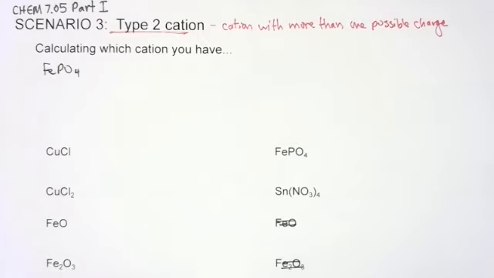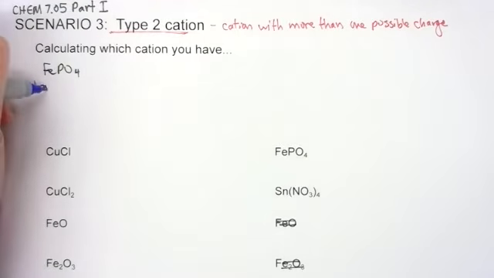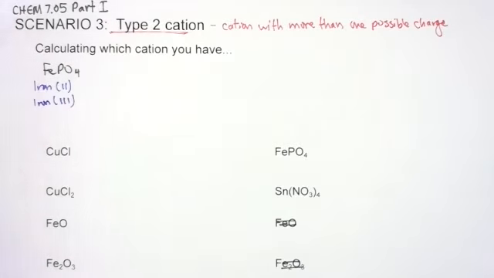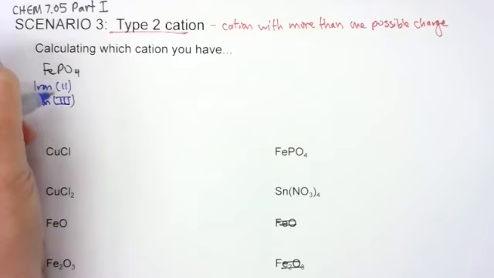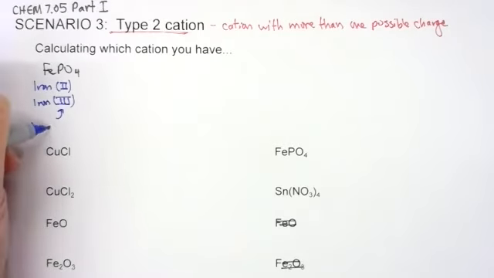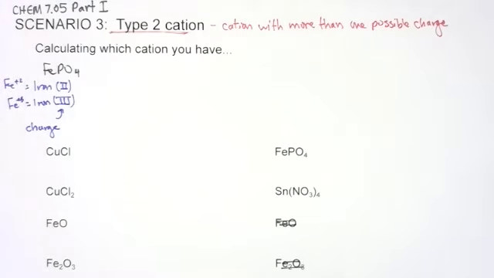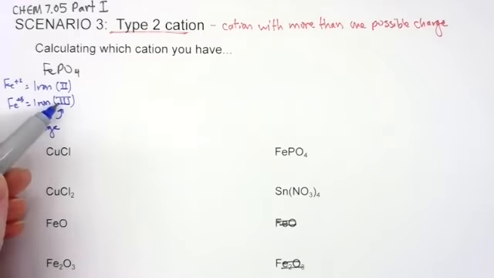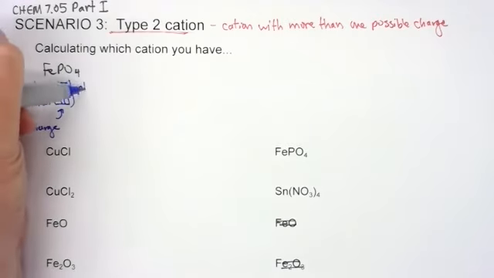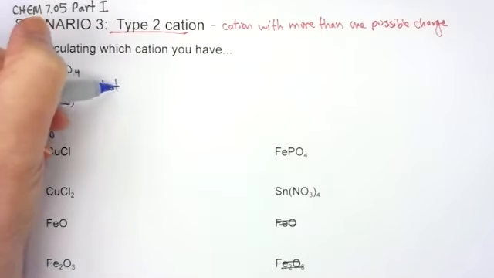We have iron 2, and the way we write this out is we put the charge as a Roman numeral. So this would be Fe plus 2 or Fe plus 3. So we have to figure out, is this iron 2 phosphate or is this iron 3 phosphate? These are the 2 possible names.